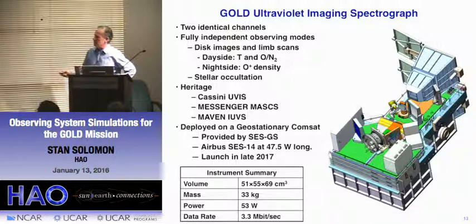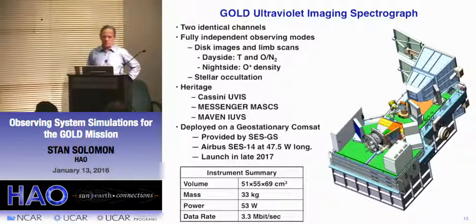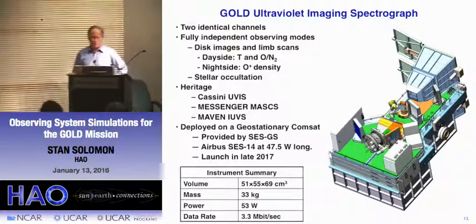And then on the limb, we get stellar occultations when a star sets behind the limb, and from that we can infer molecular oxygen. It's based on designs that LASP has flown to other planets. Virtually every planet in the solar system has a spectrograph designed by Bill McClintock orbiting around it. And it will be deployed on a geostationary communication satellite.